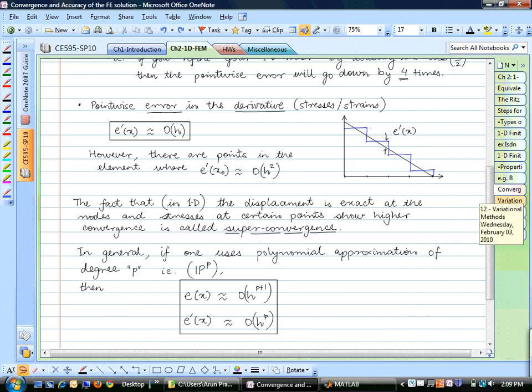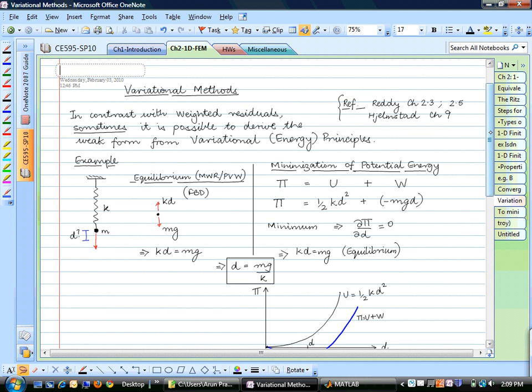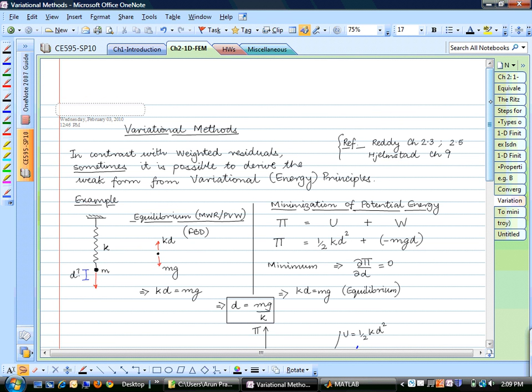All right. So there is a new topic, variational methods. So till now, what we've been doing has been derived from a method of weighted residuals, right?